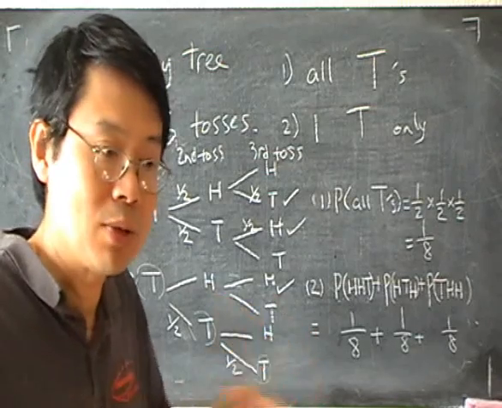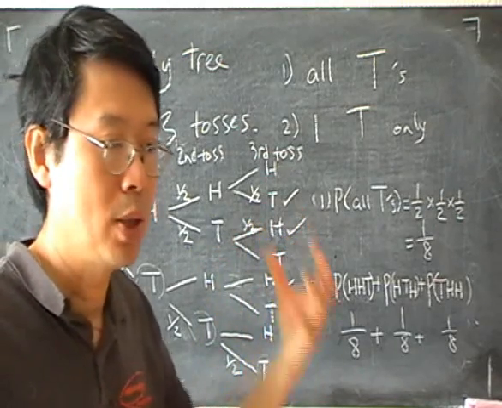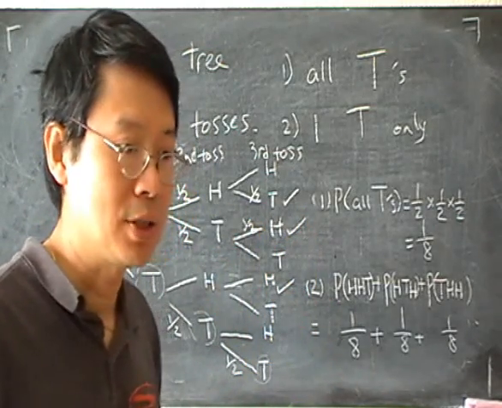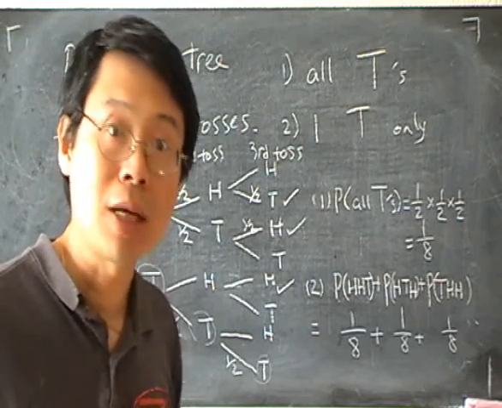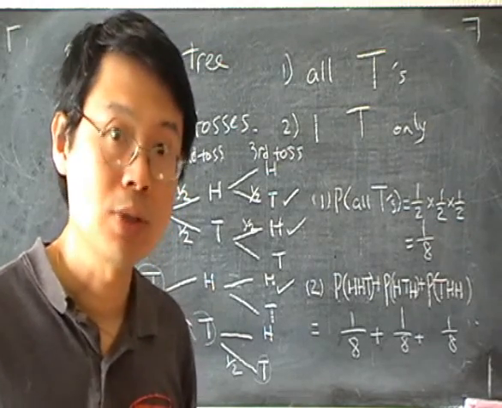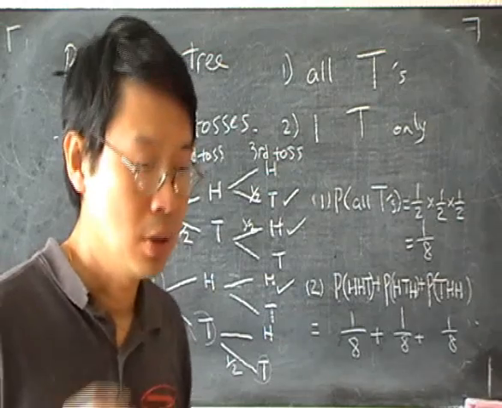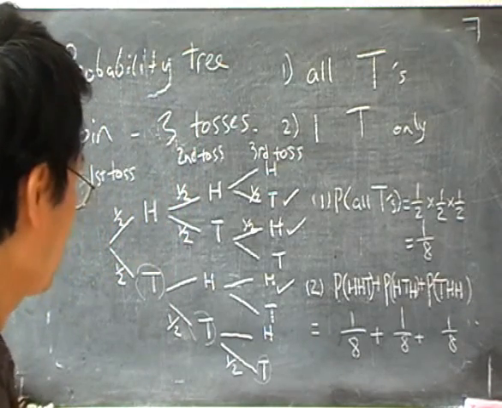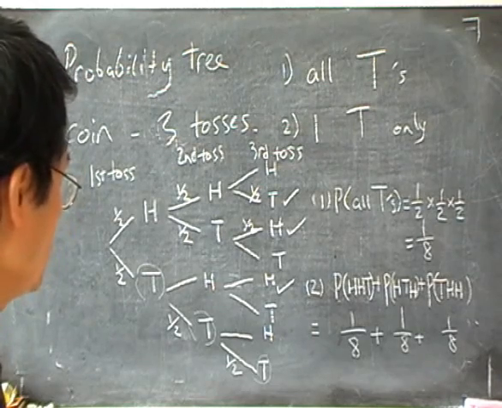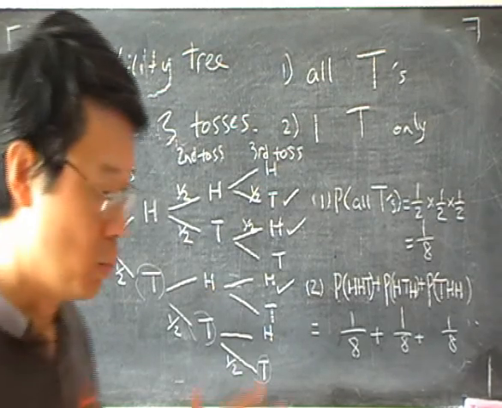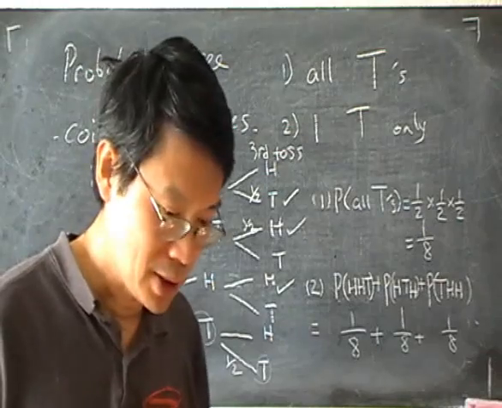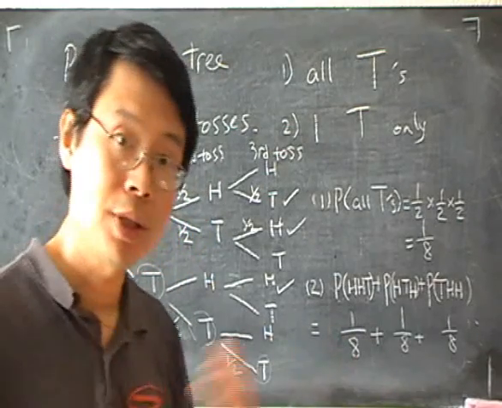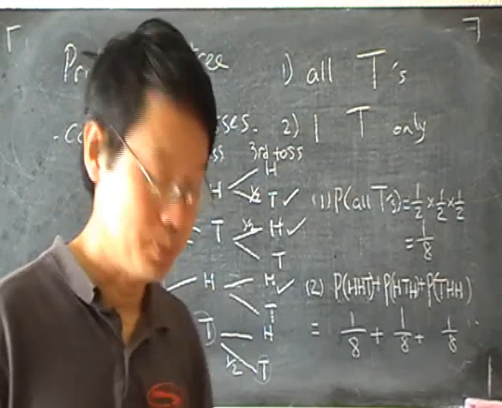So that means that when one event happens, it does not affect how likely the other event is going to happen at all. And that's what we mean by independence. And when two events are independent, you can actually multiply them.